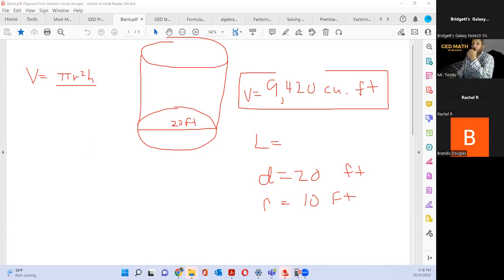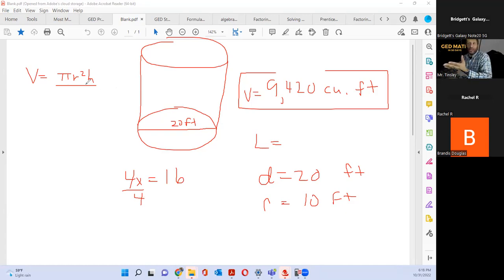What if I had 4x equals 16? If I wanted to solve for x, what would I do? Divide by 4. Why are you dividing by 4? Because you want to get x by itself, so you want to get rid of the 4.